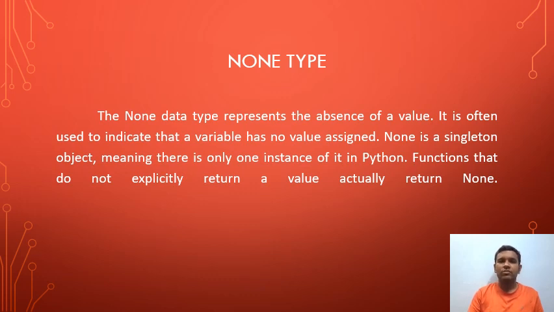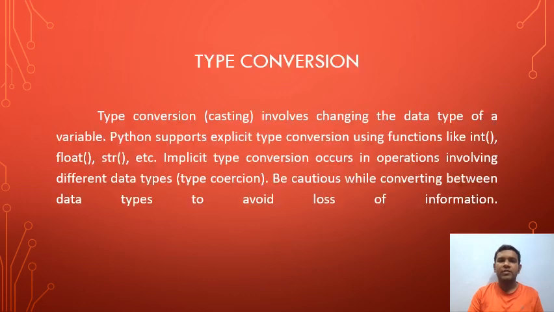Data types end here. Let us look at type conversion, also known as typecasting. Type conversion involves changing the data type of a variable. Python supports explicit type conversion using functions like int, float, or str.